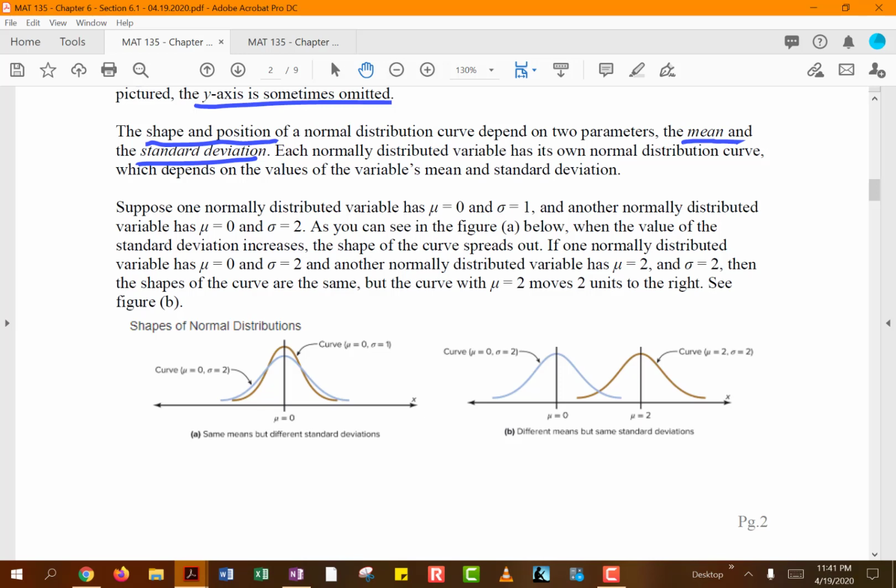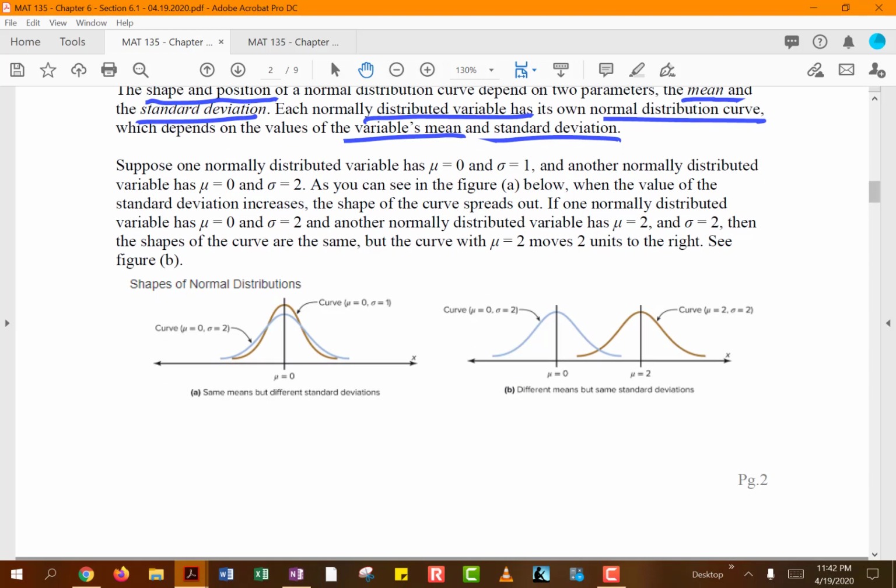So each continuous variable that is normally distributed will have its own curve, depending on that variable's mean and standard deviation. Something to remember: each variable will have its own curve to go with it.